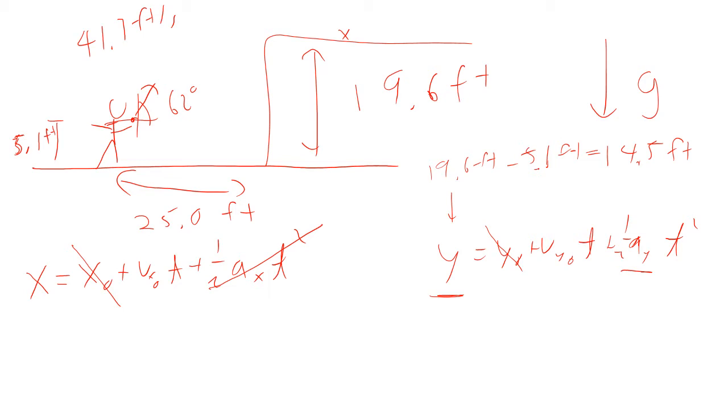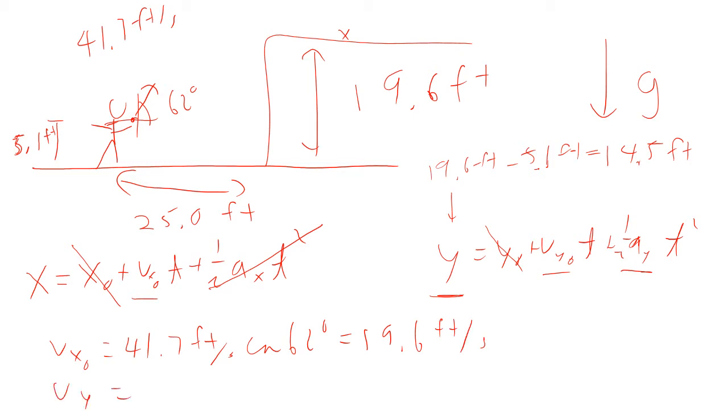From the original data, we can find Vx naught and Vy naught. So Vx naught is going to be 41.7 feet per second times cosine 62 degrees, which is 19.6 feet per second.